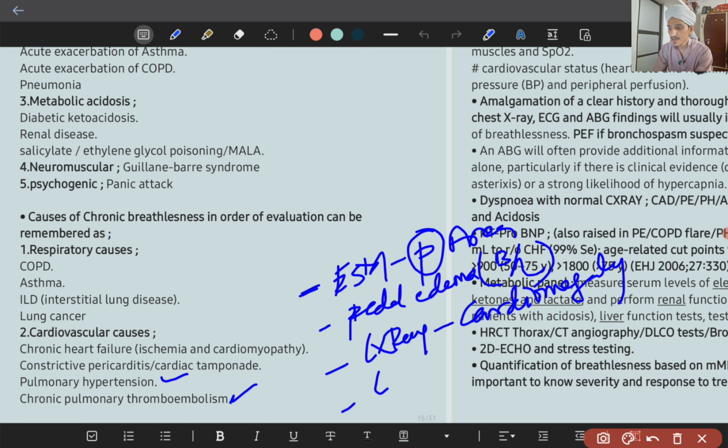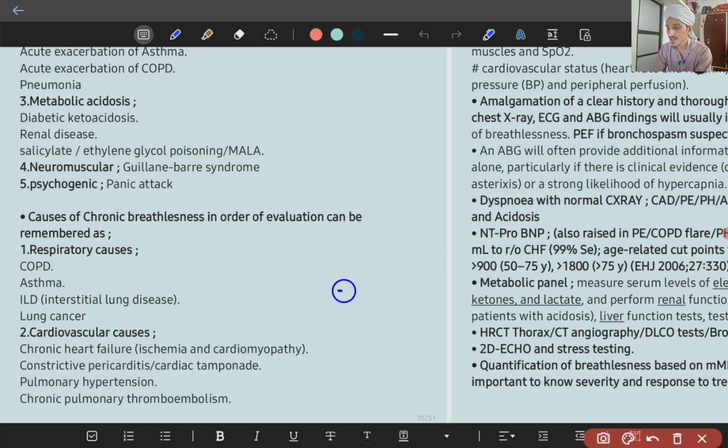And on ECG, you will have right ventricular hypertrophy, meaning V1 will show R wave more than S wave, and there will be right axis deviation in leads 1 and 2. Right axis deviation means lead 1 predominantly negative and lead 2 predominantly positive. Along with that, you can also see right bundle branch block and P pulmonale.